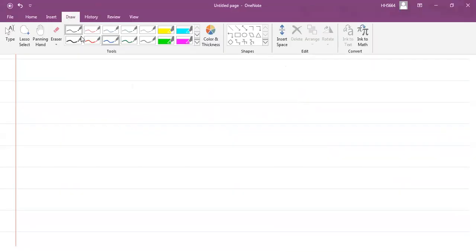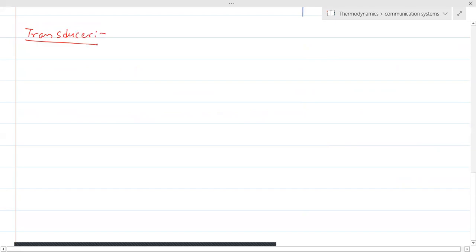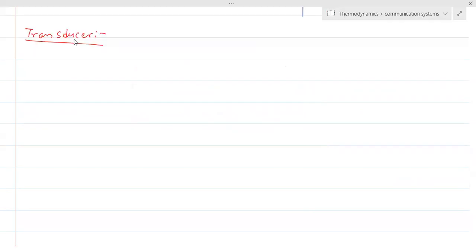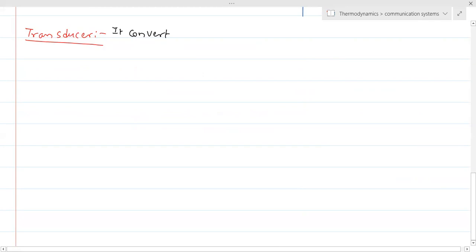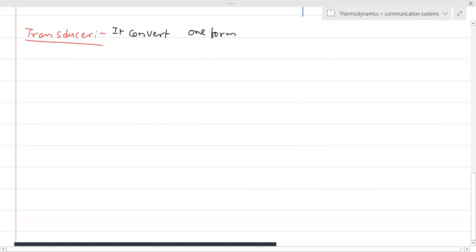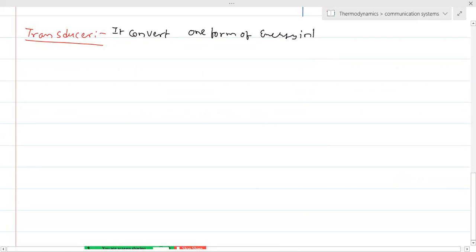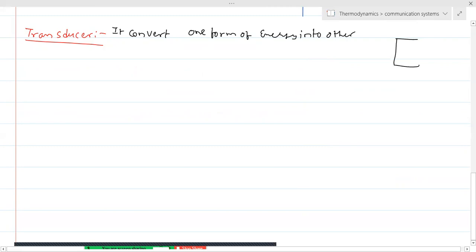And just now we discussed the term transducer. Transducer means it will convert one form of energy into another. For example, in our mobile phone, suppose this is a mobile phone, we have the speaker.